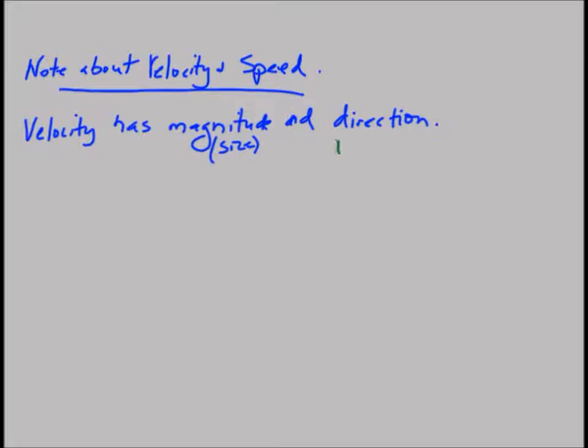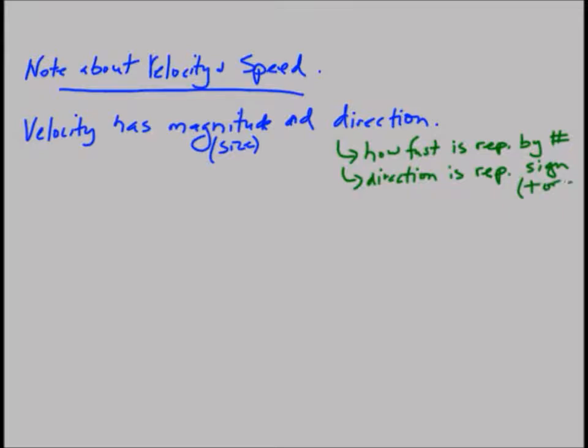When we see velocity written, it looks the same as speed, but if it has a plus sign there, that means the direction. If it has a negative sign there, that means the direction. If it has no sign, of course, that means it's positive. So it still has direction if it's a velocity. How fast is represented by the number that's given, and the direction is represented by the sign that's given, positive or negative.